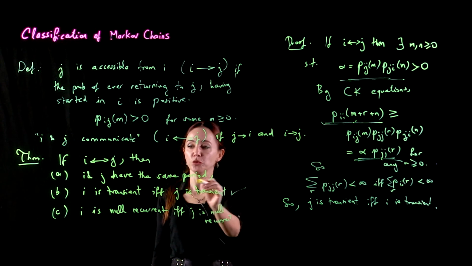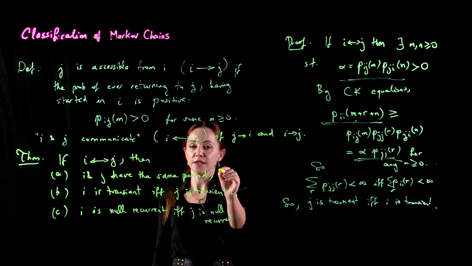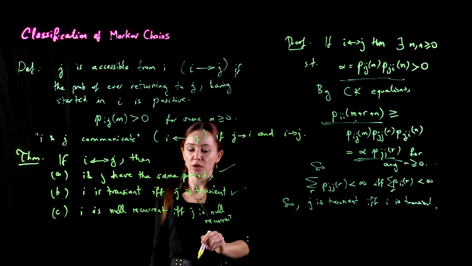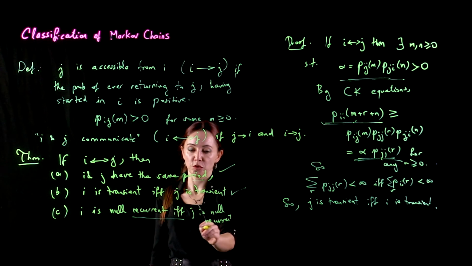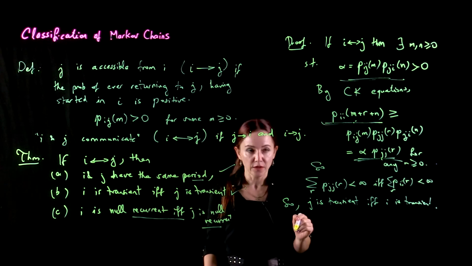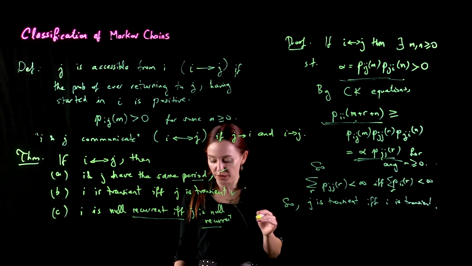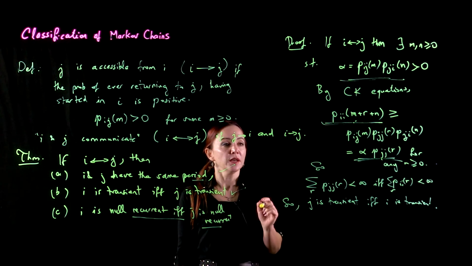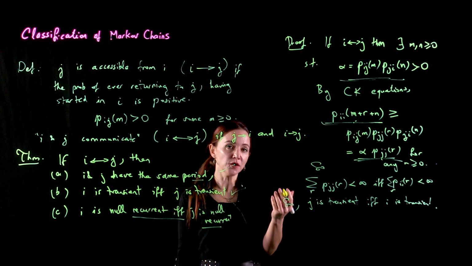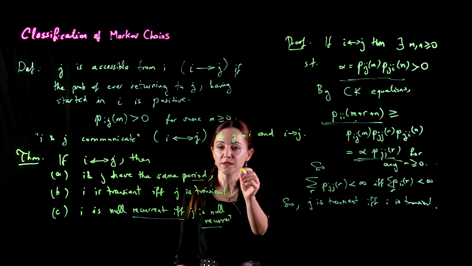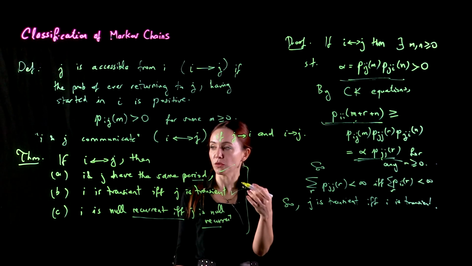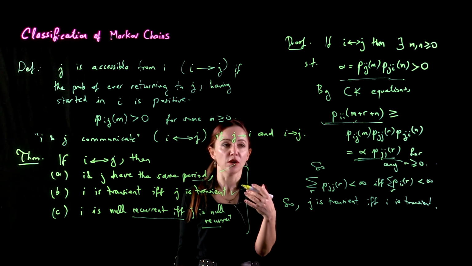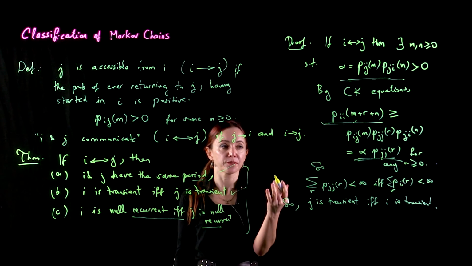I will leave the proof of the other part as an exercise for you, and similarly, I will ask you to think about the proof of part C. Essentially, these observations say that in a Markov chain, states in a class are of the same type.